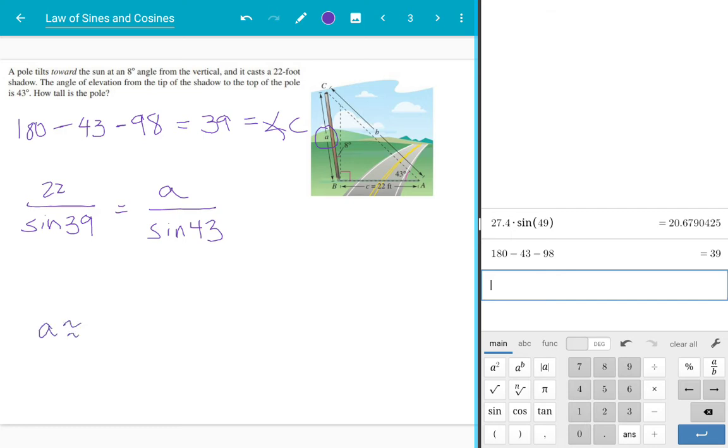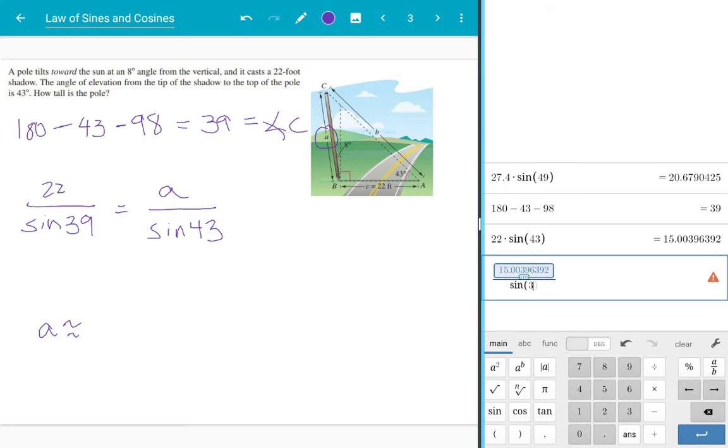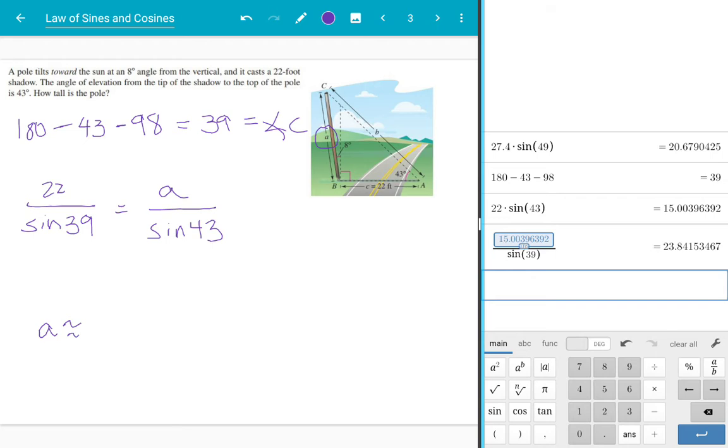We get 22 times the sine of 43, take that answer and divide it by the sine of 39. And I get 23.8. So it's approximately going to be that tall.